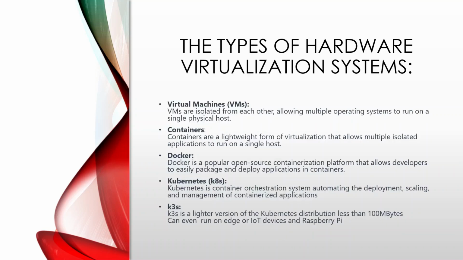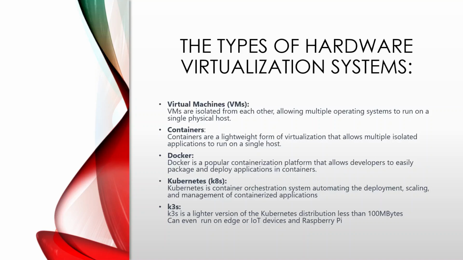Virtual machines, or VMs, are isolated from each other, allowing multiple operating systems to run on a single physical host. Containers are a lightweight form of virtualization, I would say extremely lightweight form of virtualization that allows multiple isolated applications to run on a single host.